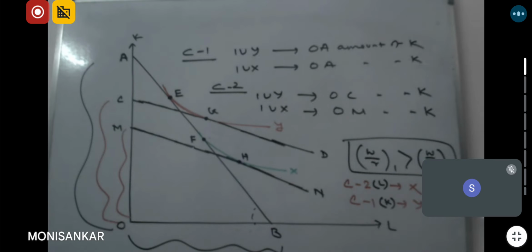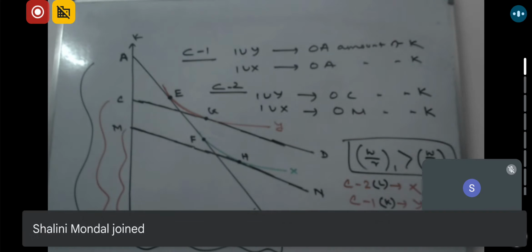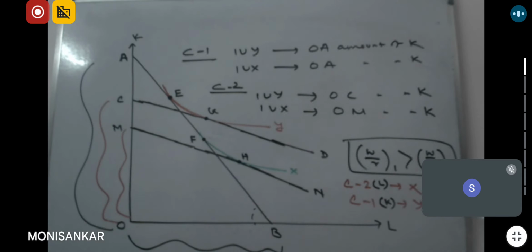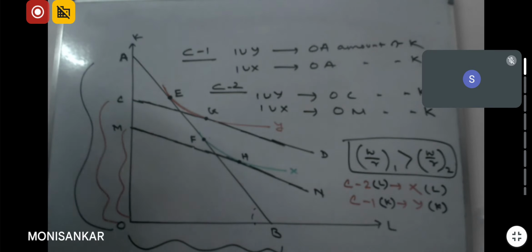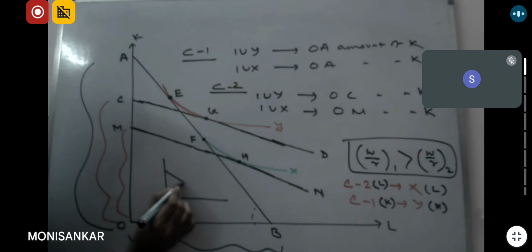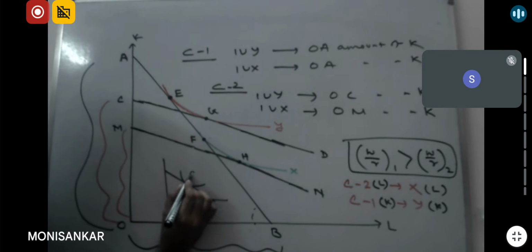So I repeat, when you consider or derive any isoquant, that is any isocost line, that isocost line implies that at any point on the curve your expenditure is the same. So if you take any point, suppose a budget line, you take a point at the midpoint, where this is tangent. So what is the expenditure, actually? When you derive a budget line, suppose this is your IC, this is your equilibrium.